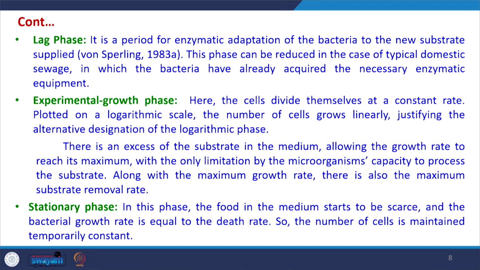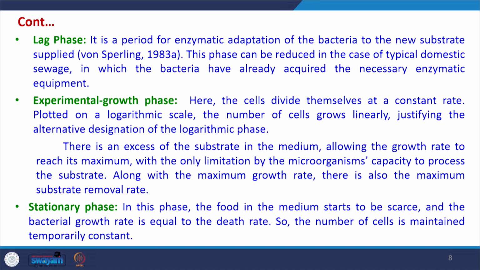So, depending upon how quickly the microorganisms process the substrate, it will be there. We have an abundance of organic matter or substrate present in the system during this phase. Along with the maximum growth, there is also the maximum substrate removal rate, because the microorganisms are growing as well as the concentration of the organic matter is decreasing the fastest possible.